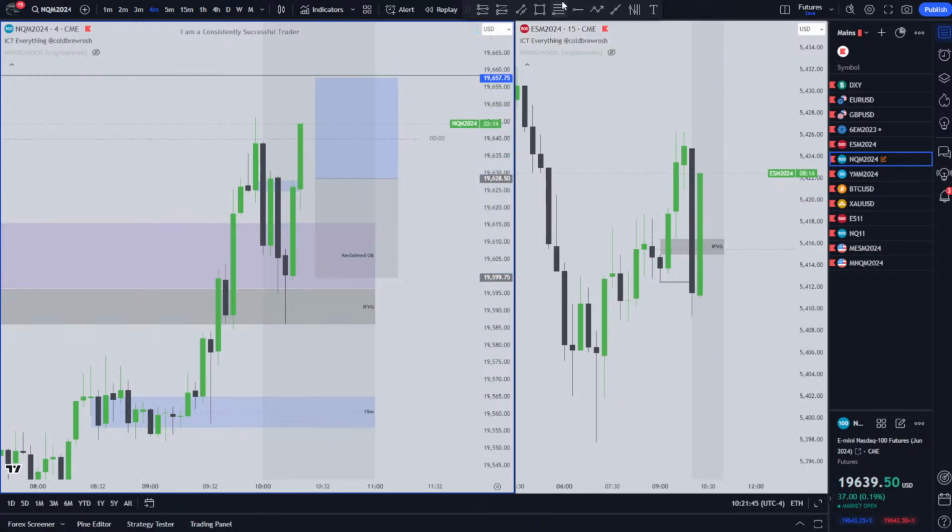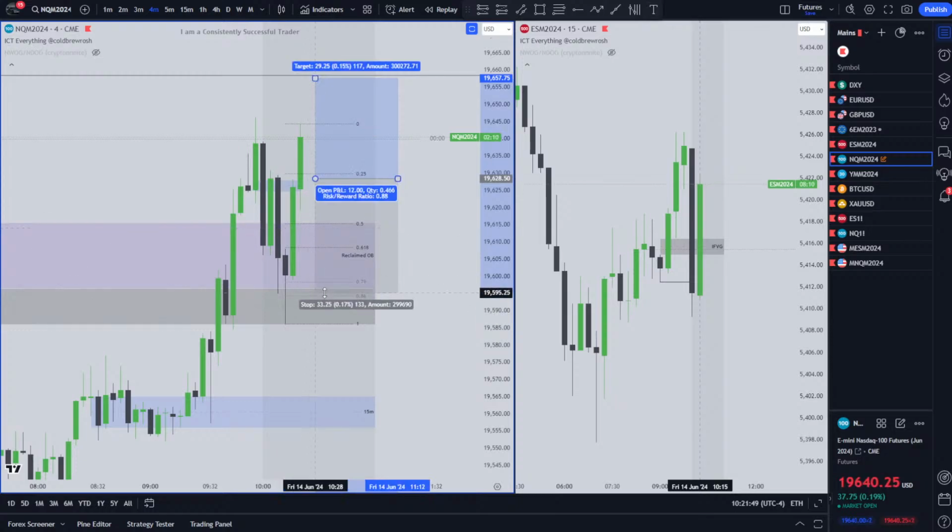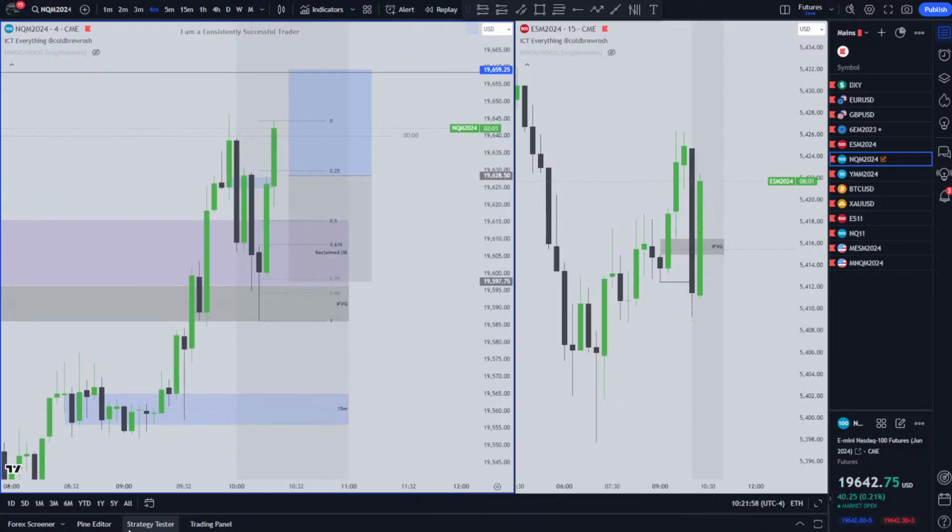I need to mark out. Let's take a snipping tool. Copy that.